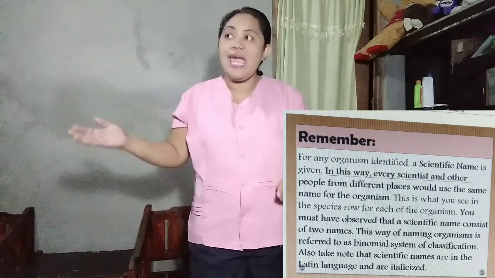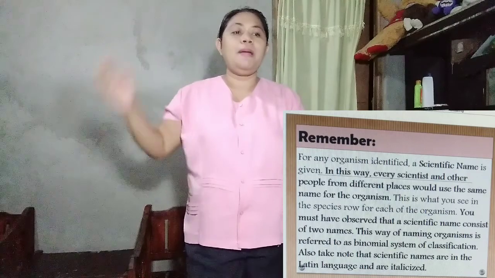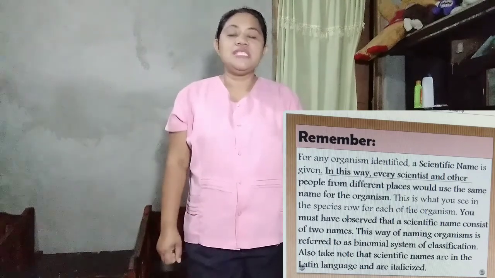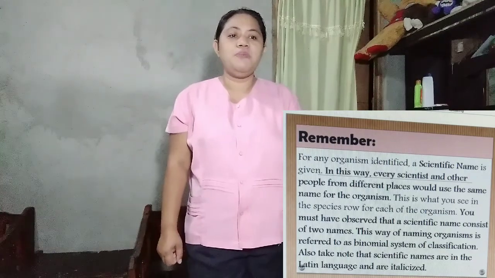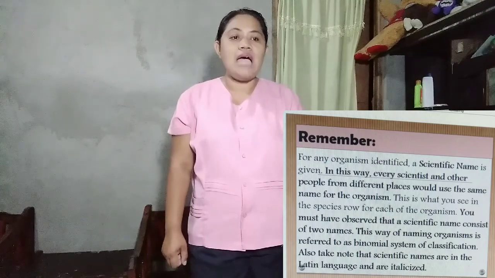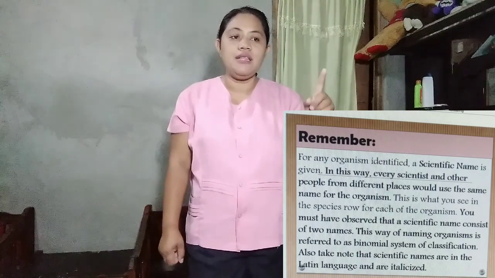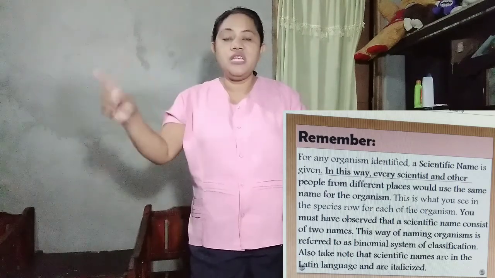In this way, every scientist and other people from different places would use the same name for the organism. This is what you see in the species row for each of the organisms. You must have observed that a scientific name consists of two names.